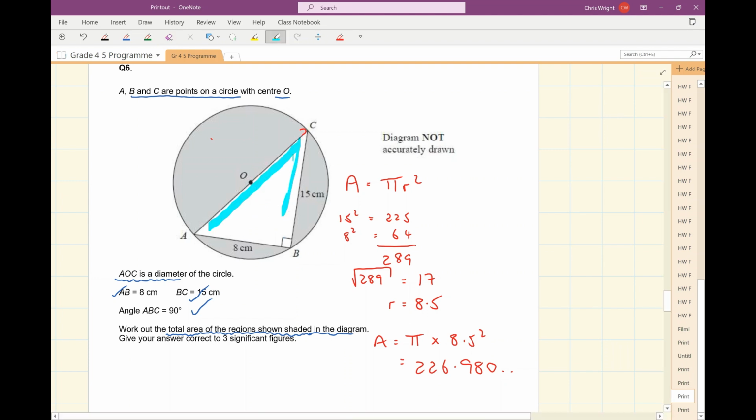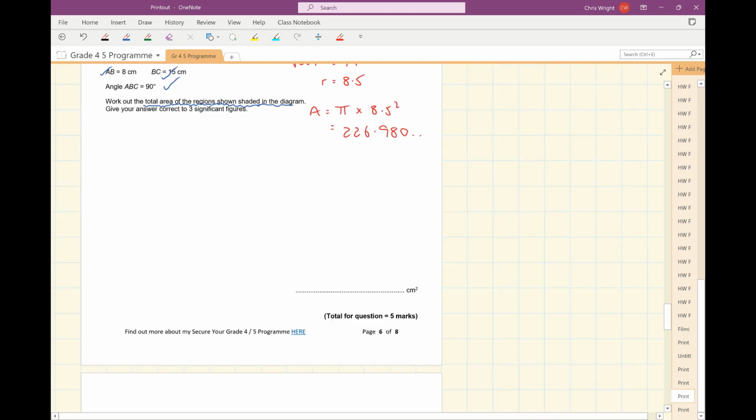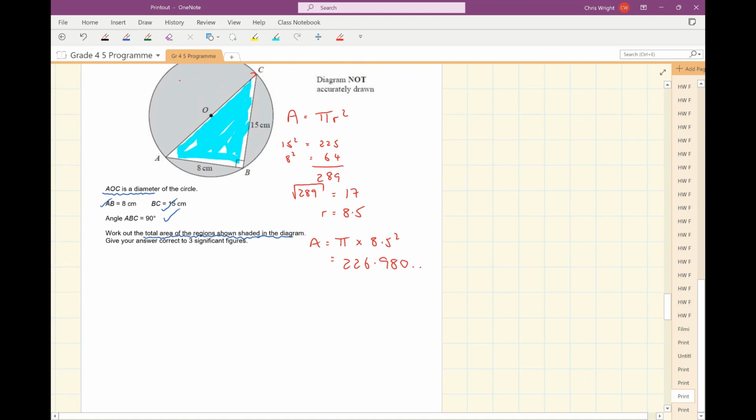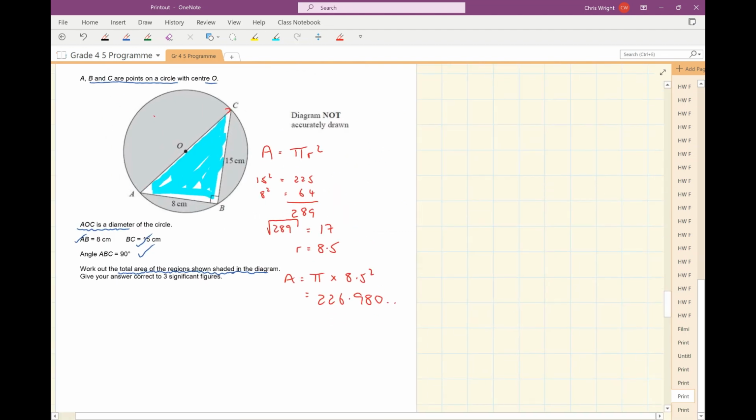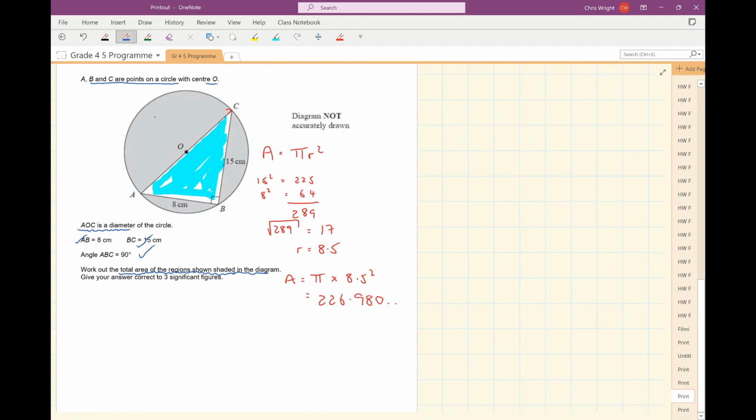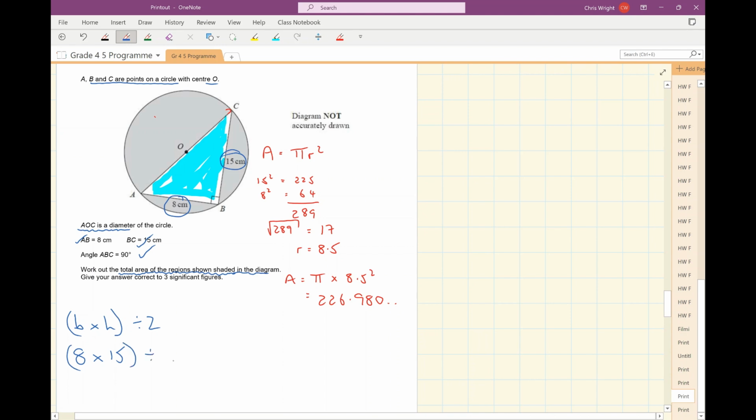How do you find the area of a triangle? Right, the area of the triangle, let's do that in blue. To find the area of a triangle, do base times height divided by 2. Well, the base is 8 and the height is 15, so that's okay. 8 times 15 divided by 2. Do that on my calculator, and I get 60.